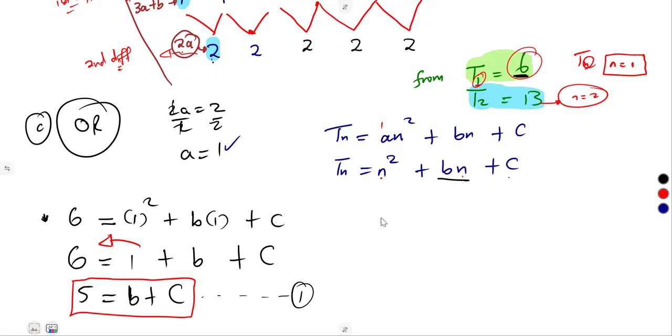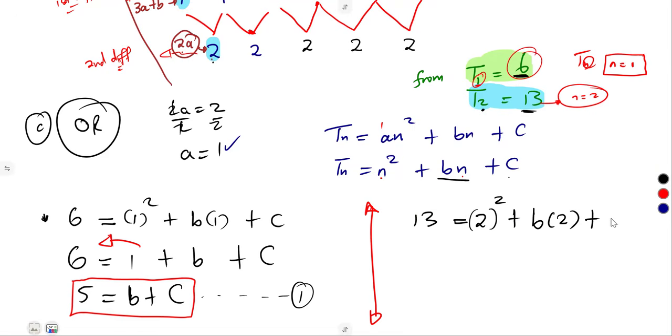So 13. All right, let's formulate another equation. 13 is equal to, we substitute 2 in place of n. So in place of n, that is 2 squared plus bn, that's b times 2, plus c.